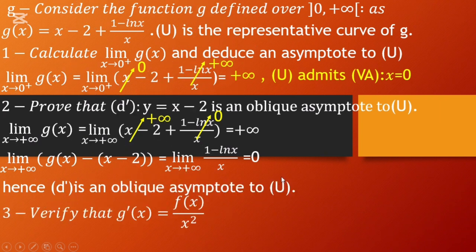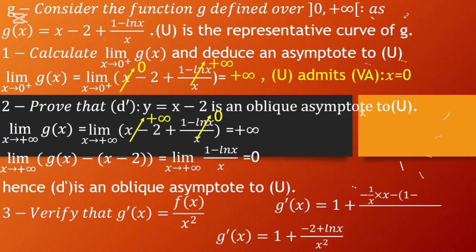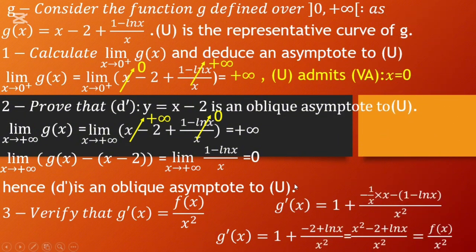Verify that g prime of x equals f of x over x squared. So g prime of x equals the derivative of x, which is 1, minus 2 gives 0, plus the derivative of u over v: u prime v, minus u v prime. That gives minus 1 over x times x, minus (1 minus ln x).